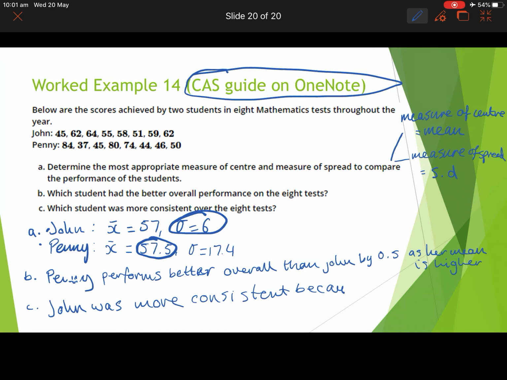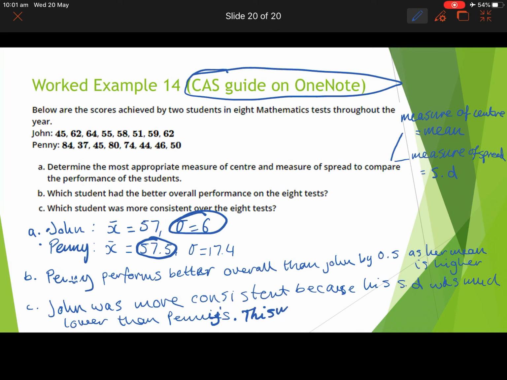Because his standard deviation was much lower than Penny's. Oops, that's a name, so Penny's. What does it mean?